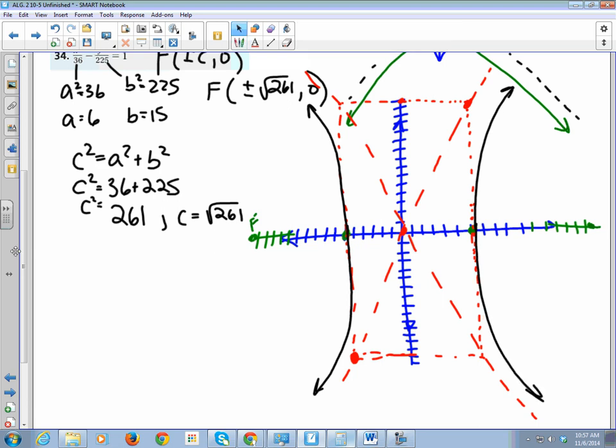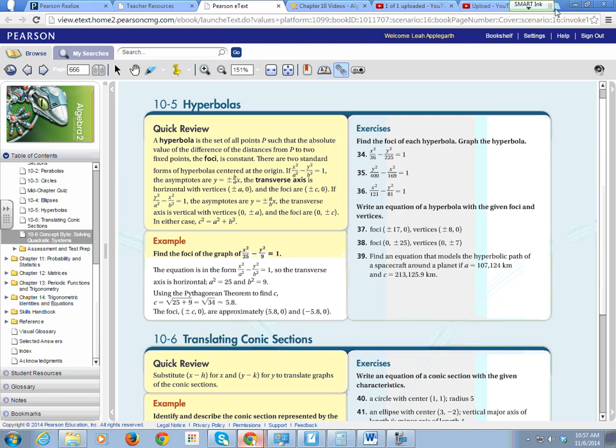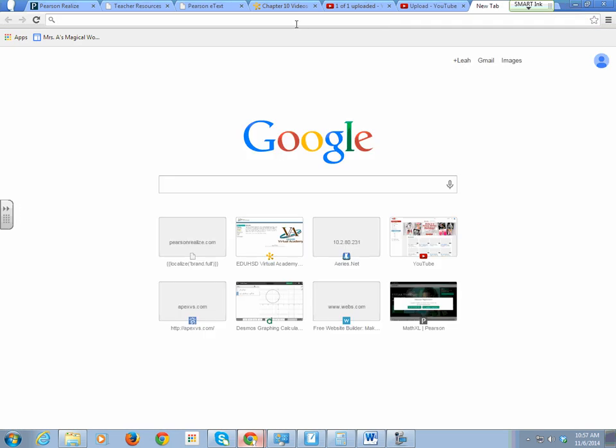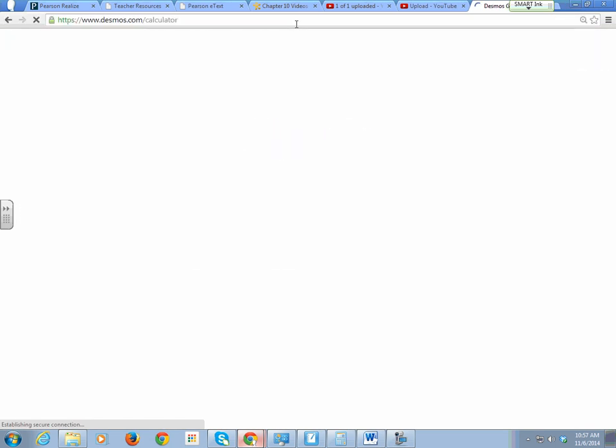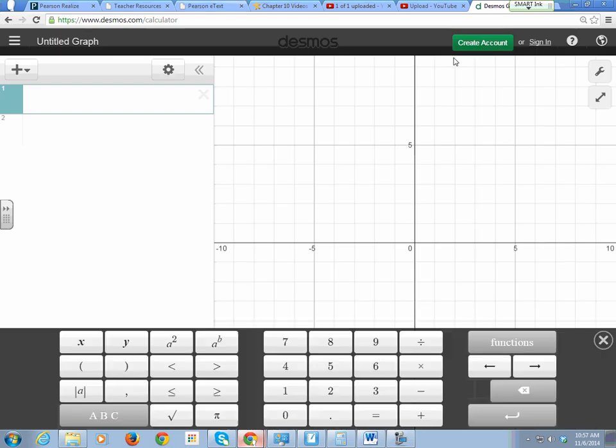Let's use Desmos to check our graph. So x squared over 36 minus y squared over 225. And in the time it's taken to load, I have forgotten what the equation is.